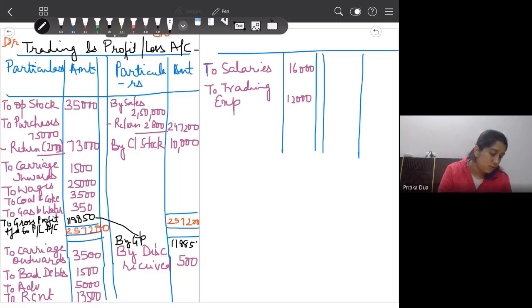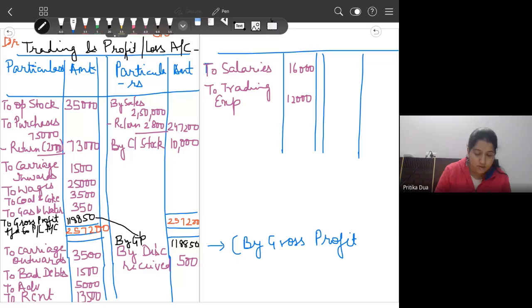Okay, now by gross profit transferred from trading account, that will be the complete sentence. I'm writing it here because there is shortage of space there. So you write like this: by gross profit transferred.